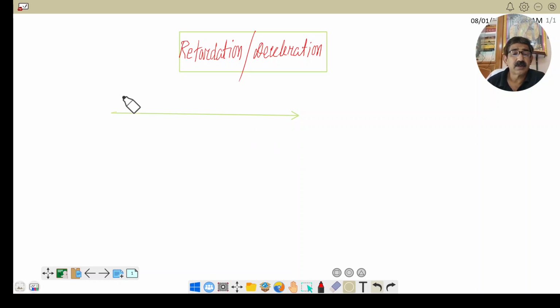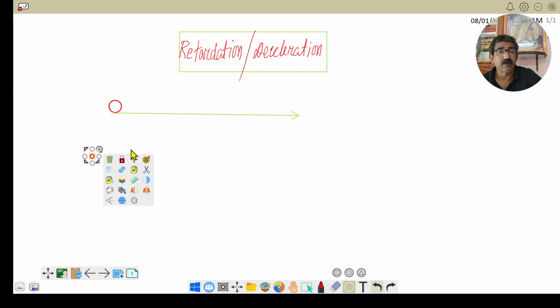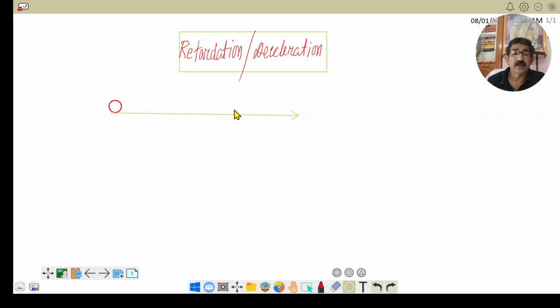So this is our body set in motion. The body moves from one point to another point along the direction shown in the figure.